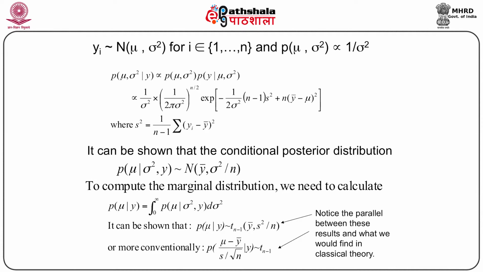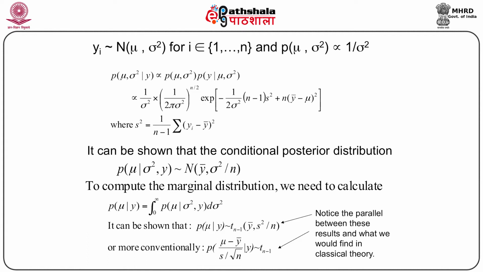And it can be shown easily that the conditional posterior distribution of mu given sigma square and y is simply normal with mean y bar and variance sigma square over n. However, it still involves sigma square.